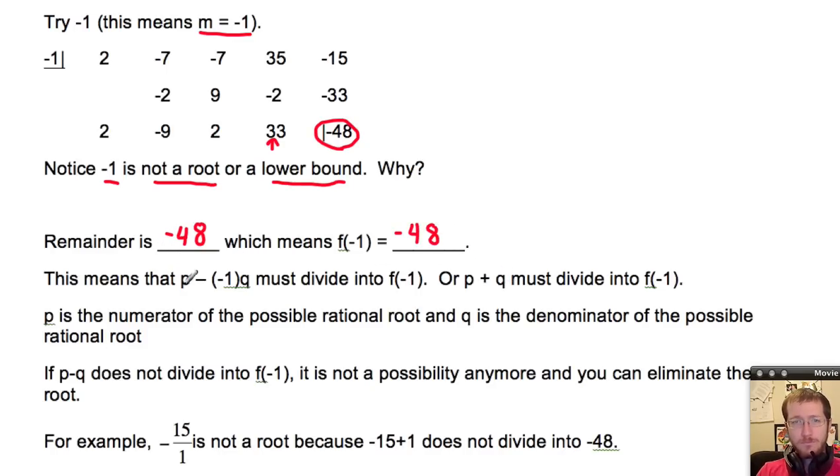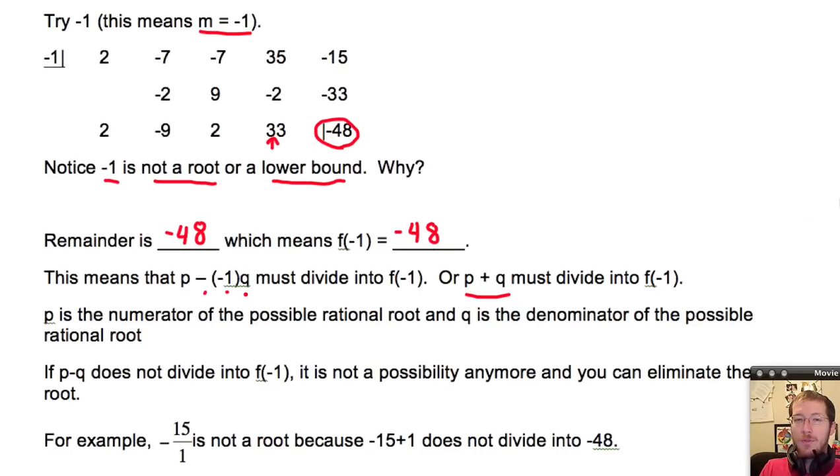So if we use our P minus MQ method, that means that P minus -1 times Q, which you can maybe see now why we use -1, because P minus a -1 Q is the same thing as P plus Q. So it's got to go evenly into F of -1, which is -48 here. So remember, P is the numerator of the possible rational root, Q is the denominator.